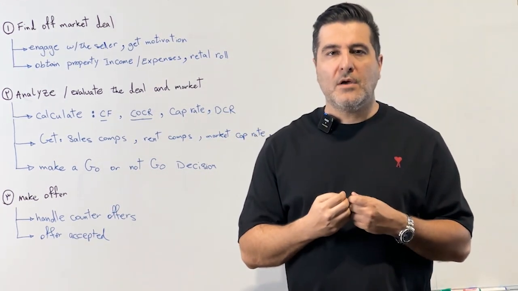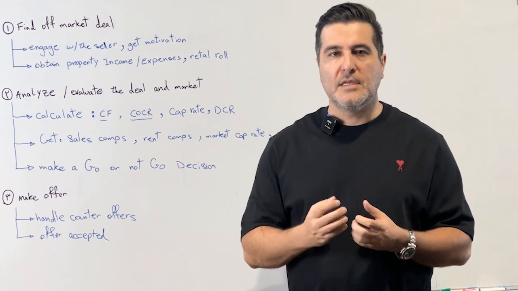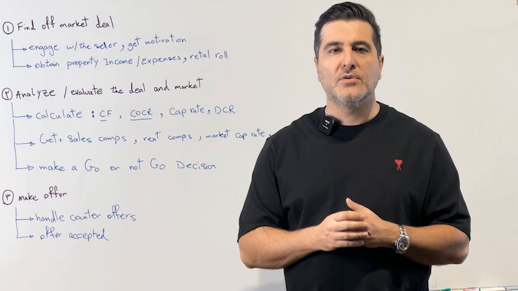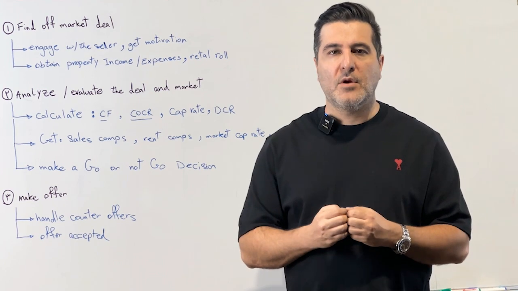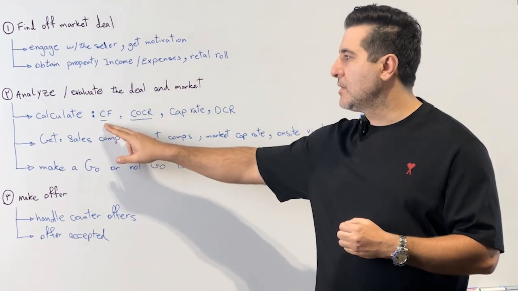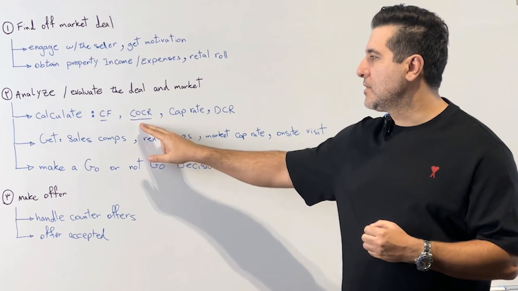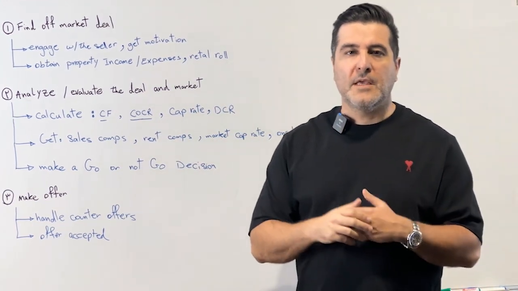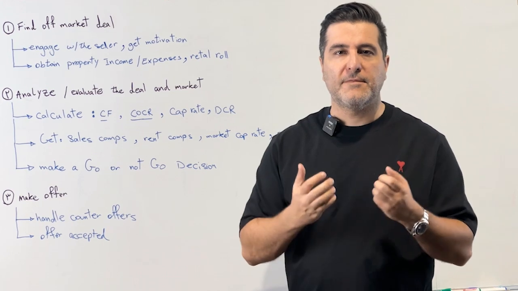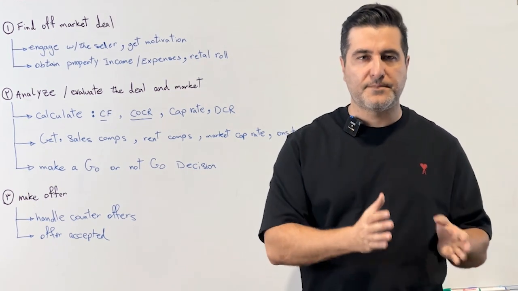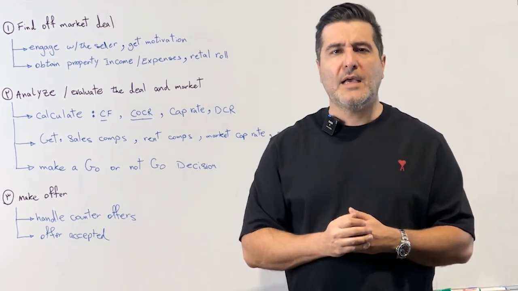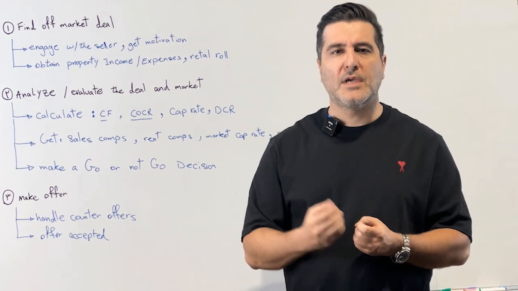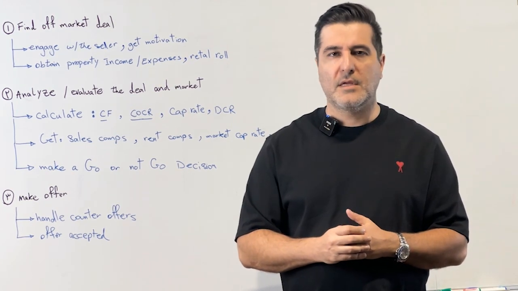We explain all of these calculations in a different video, but all I'm saying is you have to be very professional in calculating cash flow, cash on cash return, cap rate and debt cover ratio, because if you can't calculate this stuff, these are the first step to analyzing the deal, and you might make a big mistake by not being able to calculate these correctly.